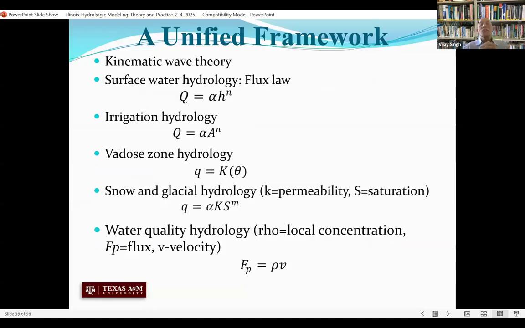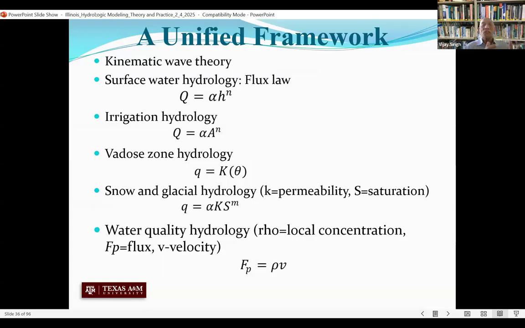In surface hydrology, for example, for the discharge hydrograph, we use Q, which is the flux, directly proportional to the flow depth raised to some power n. Of course, from hydraulics, n can vary from 1 to 3, depending upon the quality of flow. In irrigation hydrology, the flux is expressed as a function of cross-sectional area.